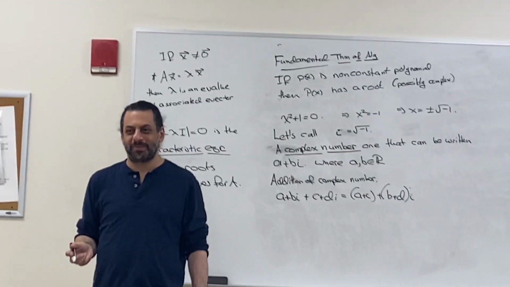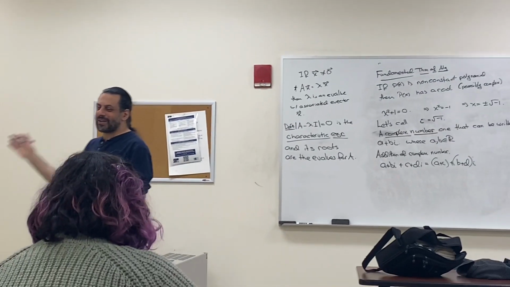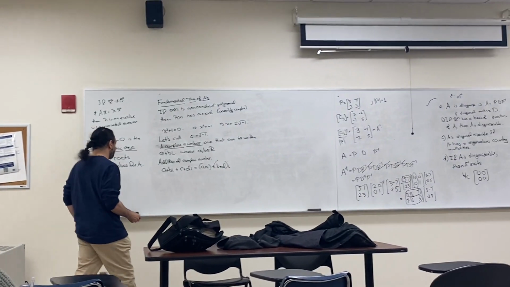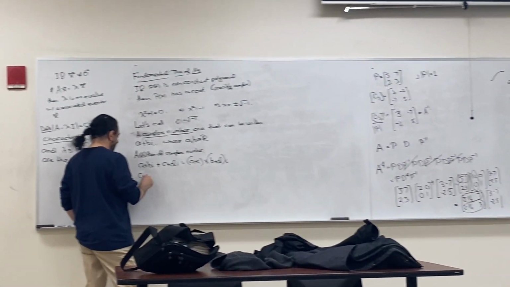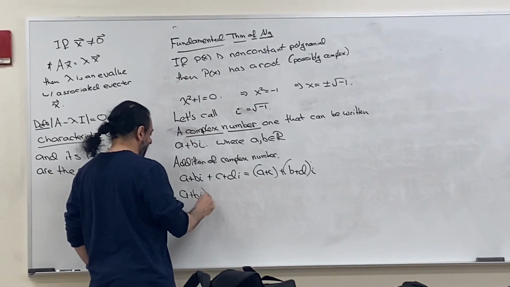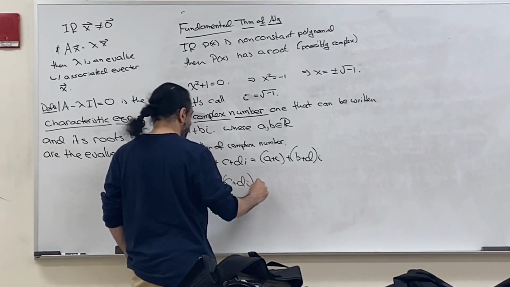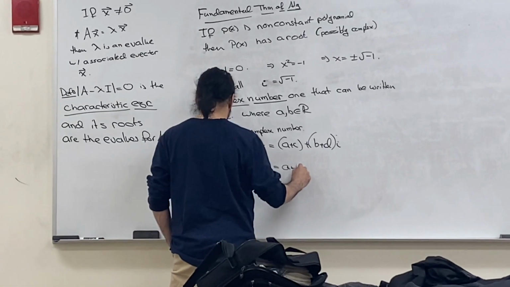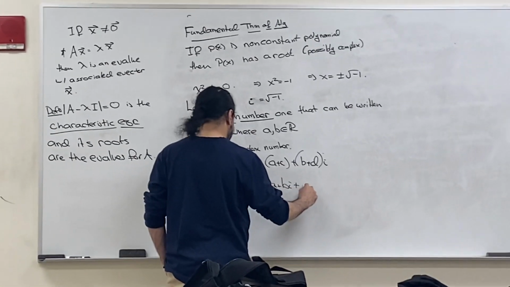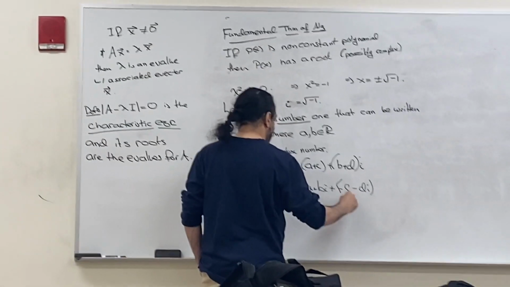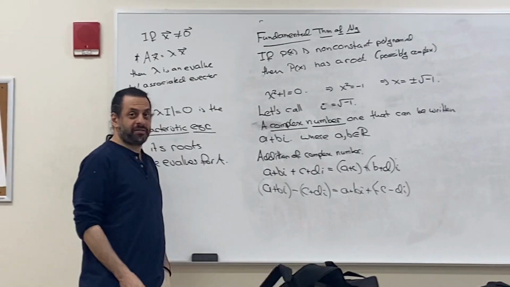How do we feel about subtraction? Oh, we don't like subtraction. If we rephrase everything in terms of addition, we can do subtraction. So we can say a plus bi minus c plus di. We don't like subtraction. We just say a plus bi plus minus c minus di. And then it reduces to the previous case.